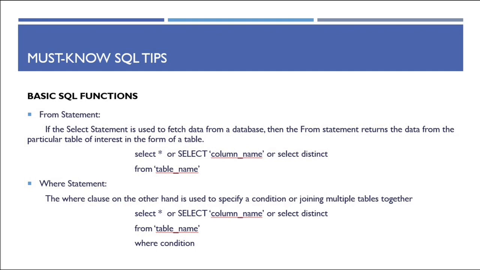Lastly, the where clause is used to specify a condition which, if fulfilled, will bring out an output. From the above PowerPoint, we can actually see the format in which our statements are going to be arranged. Now let's dive into SQL and actually practice this.